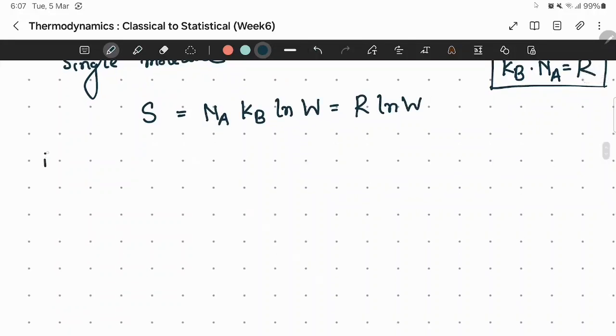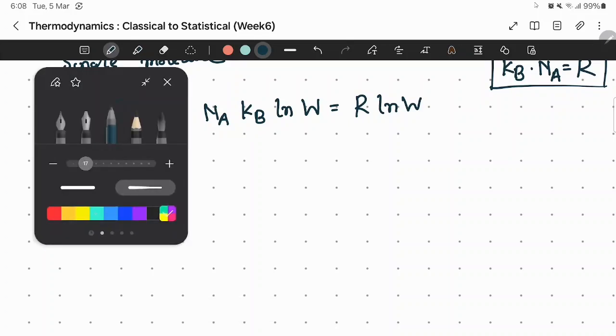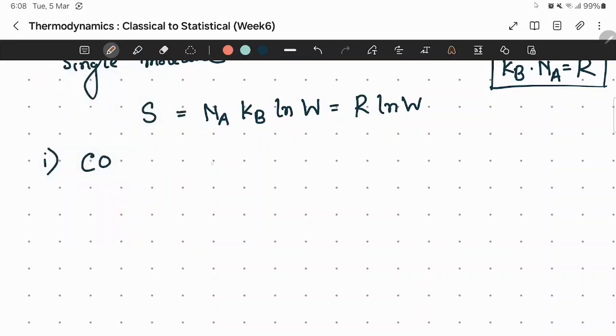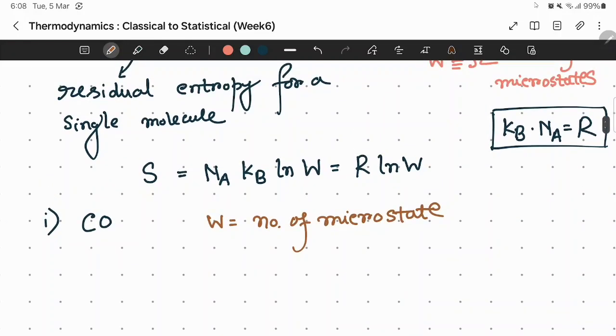First one is carbon monoxide. Here, to find the number of microstates, we have to find the number of orientations. This residual entropy formula is valid for a pure crystalline solid.